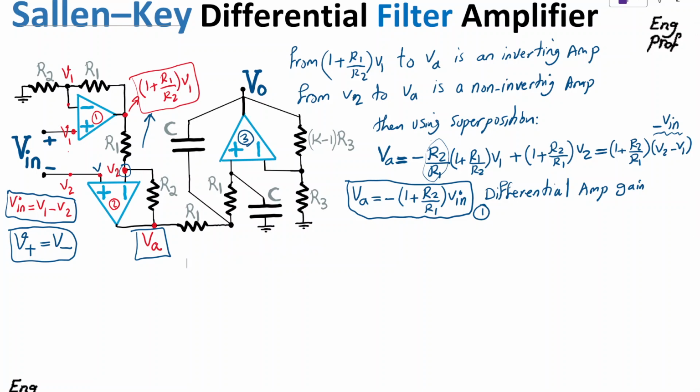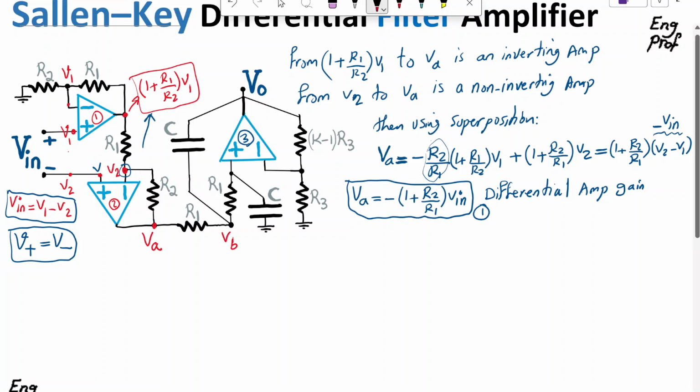It's a Sallen-Key topology. Let me change the color so that you also see the naming. I'm going to name this node VB, and I'm going to name this other node V. Here's VB, and this node is a simple voltage division between these components and Vout.